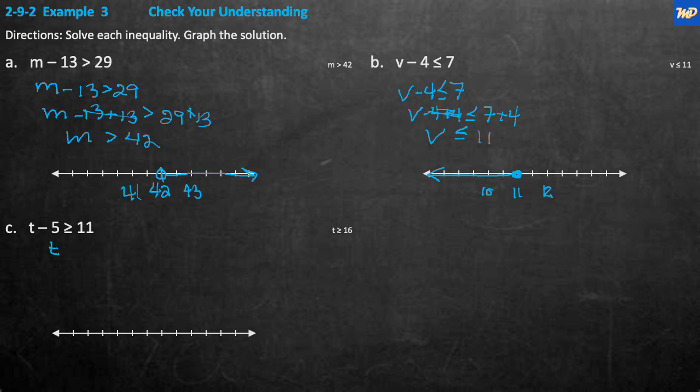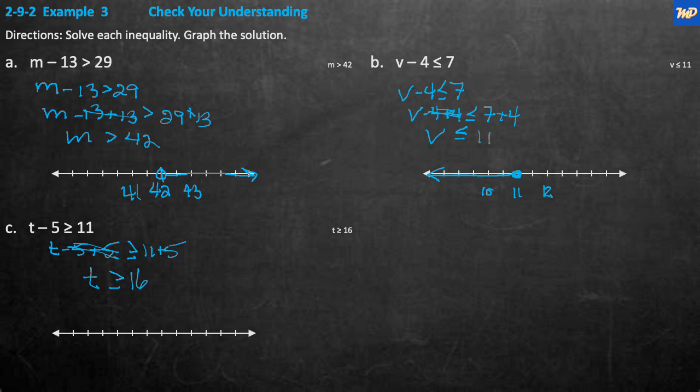T minus 5 plus 5, its opposite, is greater than or equal to 11 plus 5. Okay? So now the t gets left by itself because the 5's are canceled, because we intended that to happen, and it's greater than or equal to 11 plus 5, and 11 plus 5 is 16.